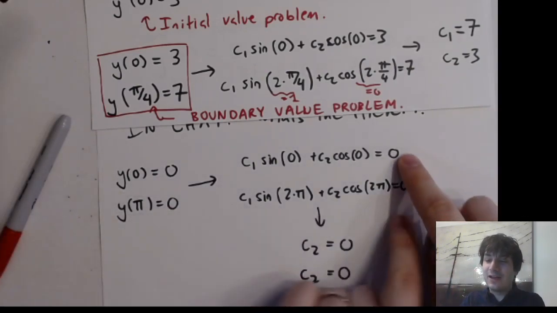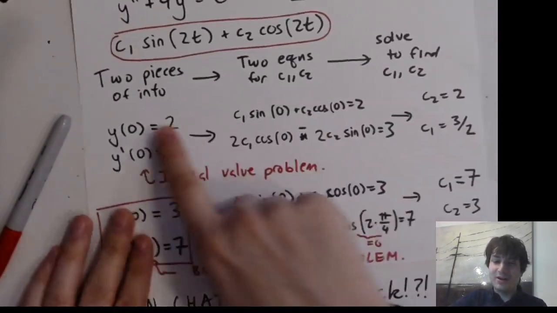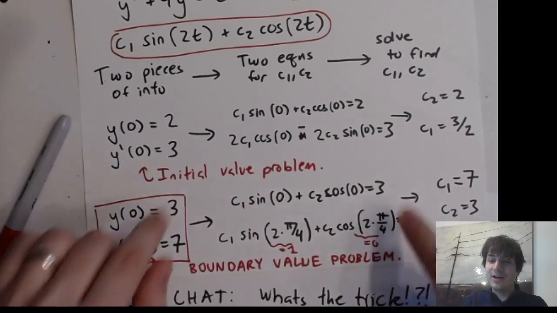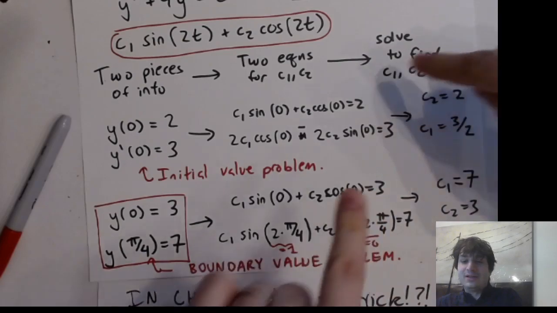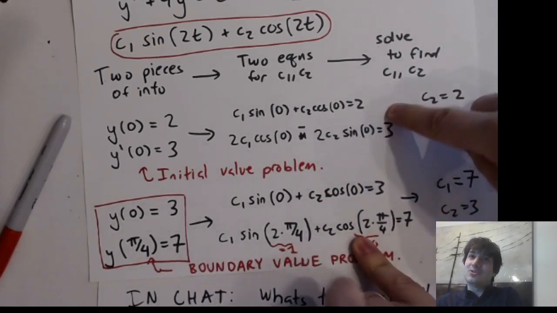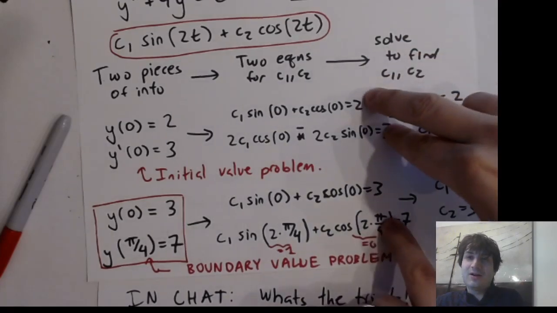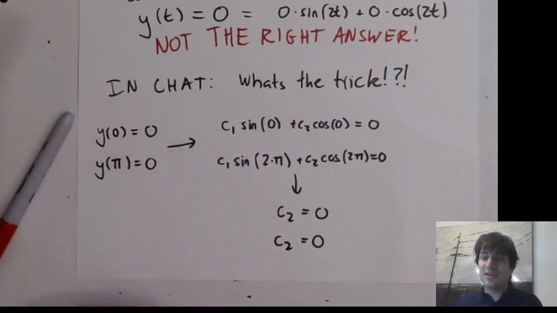They didn't have enough information to find C1 and C2. In what we did earlier, in initial value problems and in the example I gave before, we had two non-degenerate equations. From linear algebra, if you have two equations, sometimes there's one solution, sometimes there's many. If they're normal, then there is a single solution. So this was the typical thing to happen. This is the atypical thing to happen.